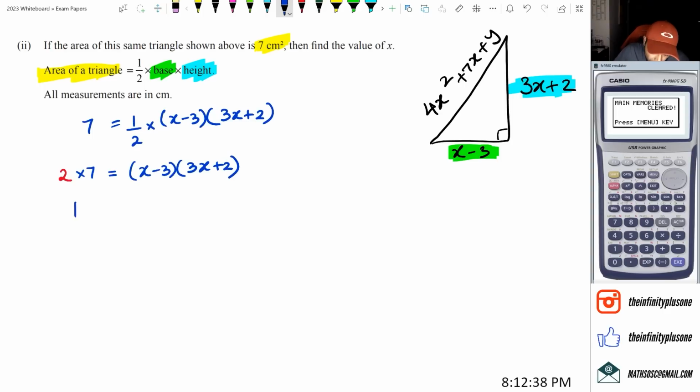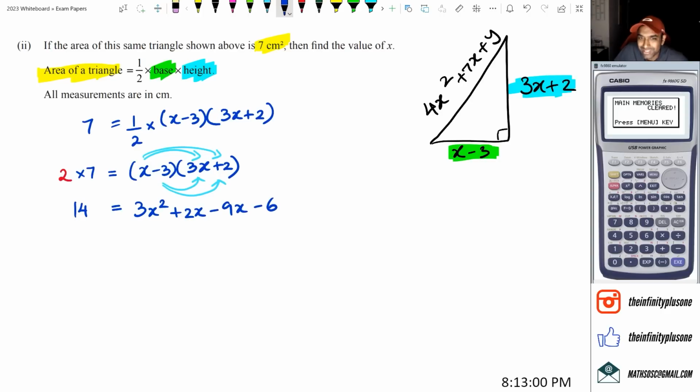Now 2 times 7 is 14, and I've got a quadratic that I need to expand. So I've got x times 3x, x times 2, negative 3 times 3x, and negative 3 times 2. When I do this, I'm going to get 3x squared plus 2x minus 9x minus 6.